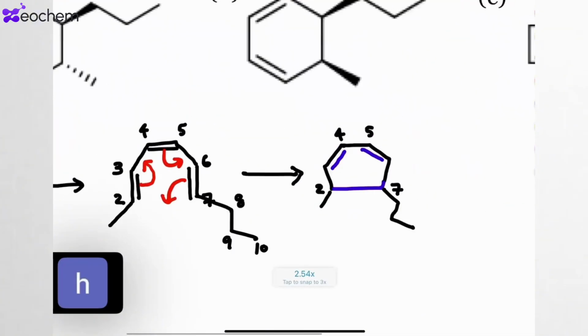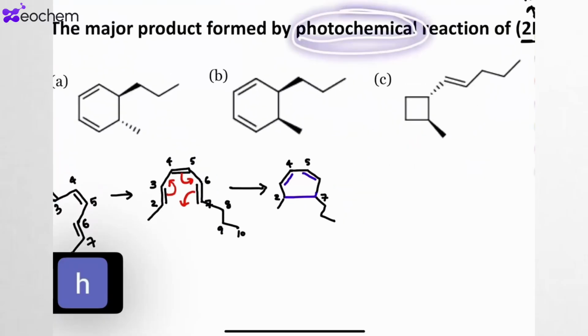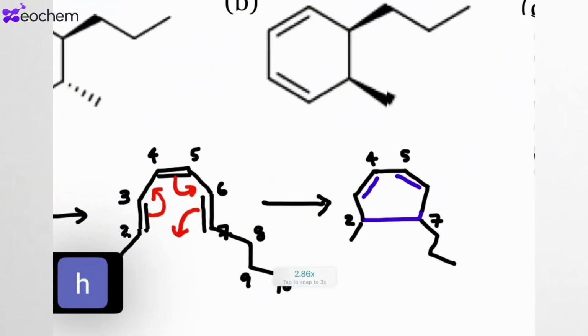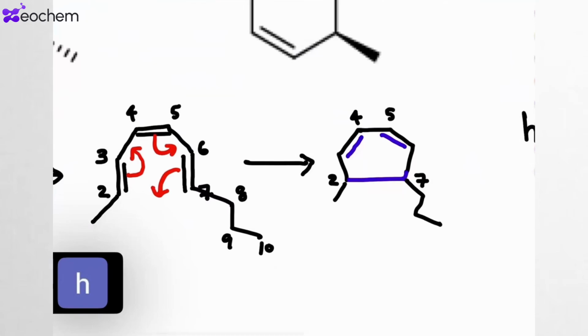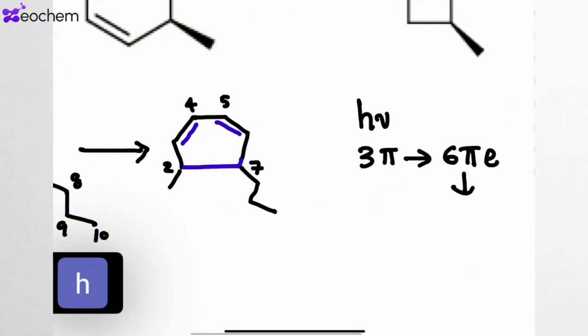To do that, we look at the condition. The question itself says it is happening under photochemical conditions, that is h nu. And look at the number of pi electrons participating in this reaction: 3 pi bonds means 6 pi electrons. That means it is a 4n plus 2 system.